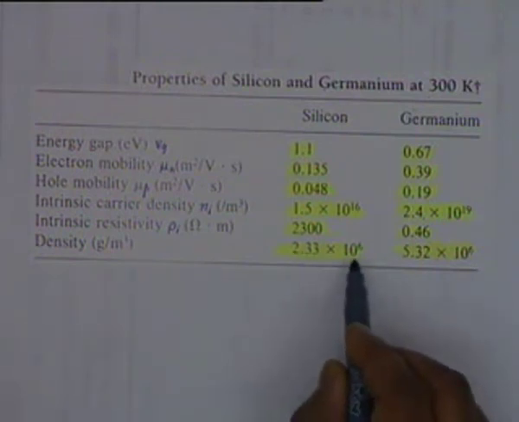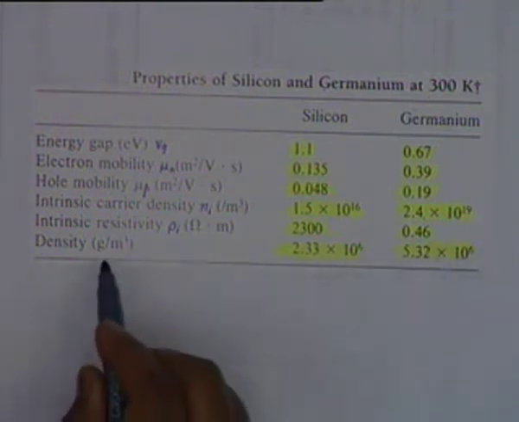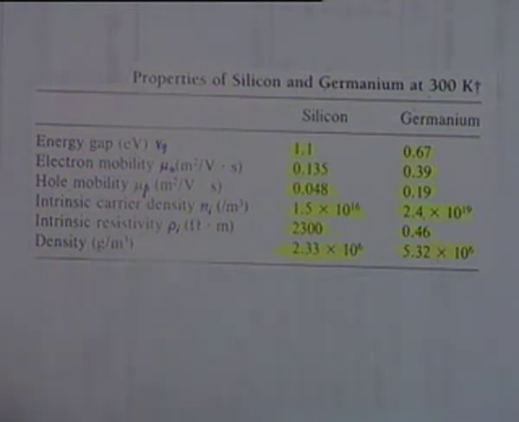But this is 2.33 times 10 to the 6. When you take this figure, you must remember that the unit is grams per meter cube, not kg per meter cube. All right.